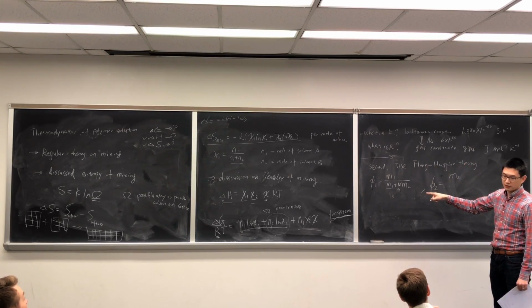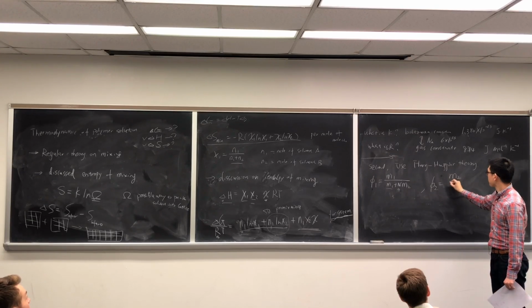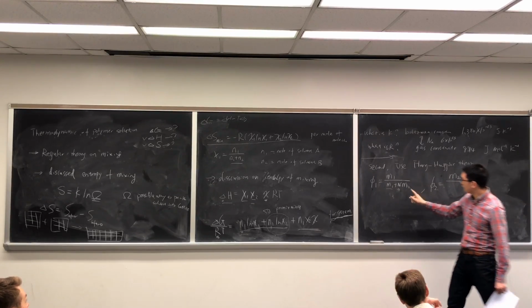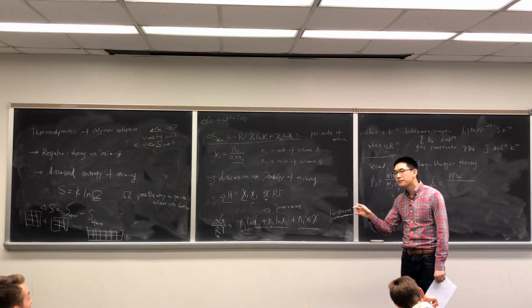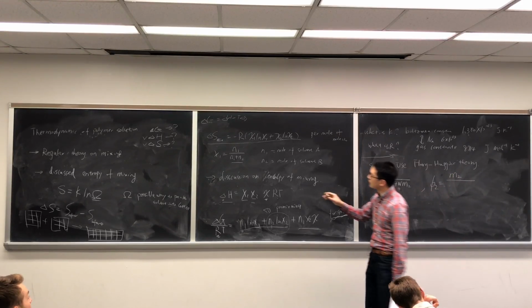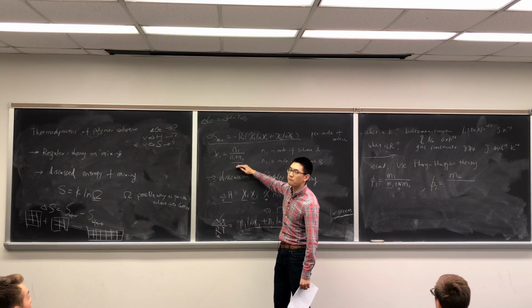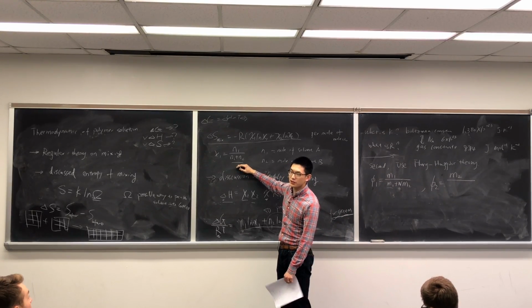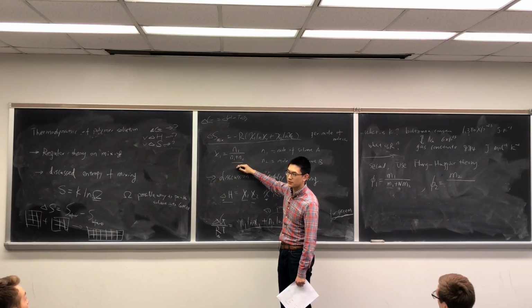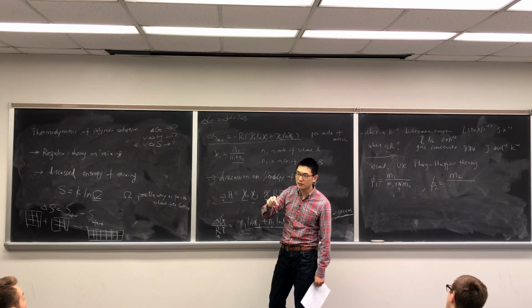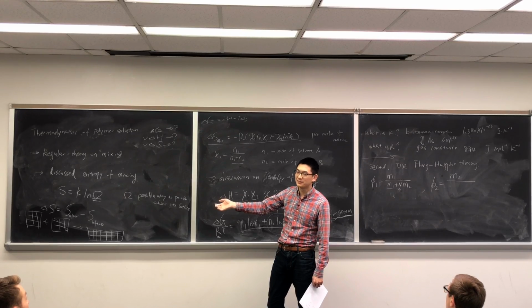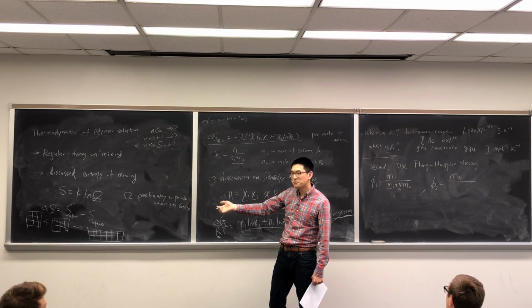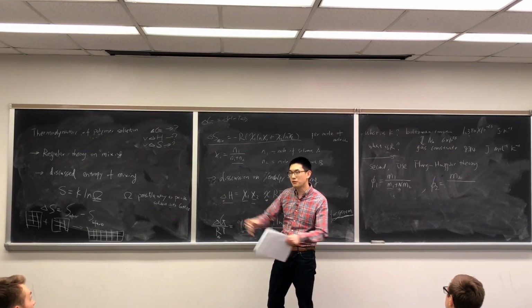This is a volume fraction. M is the number of moles. But think about this: if it's a mole fraction, it will not determine how much volume each component takes. One mole of solvent and one mole of polymer still give a molar fraction of a half, but the volume fraction is not, because the polymer is much bigger.